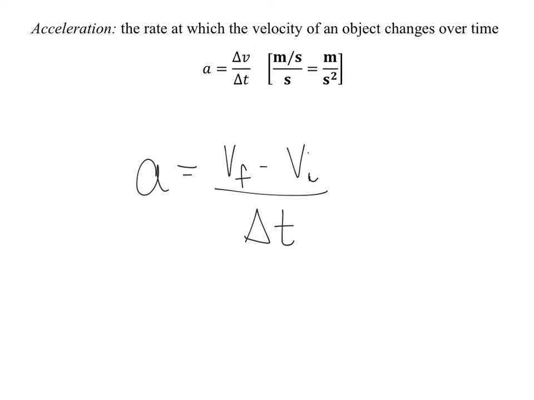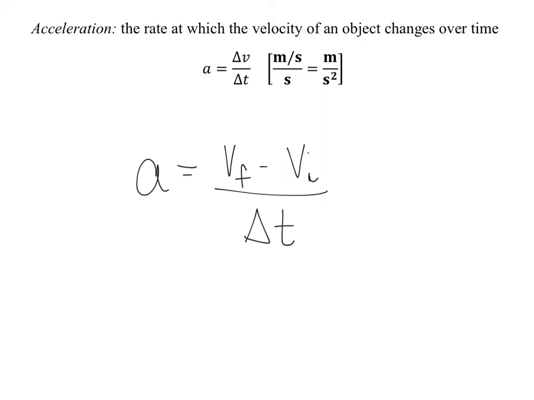We've used the term VF for final velocity, and we've talked about the term VI. So your change in velocity is final minus initial. Your change in position is your final position minus your initial. It's always final minus initial.